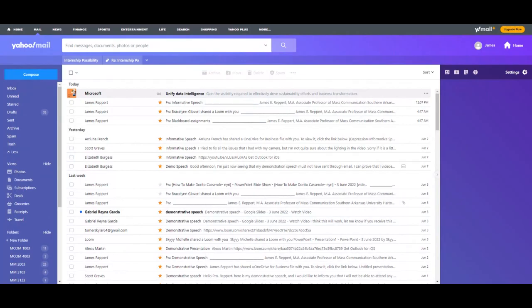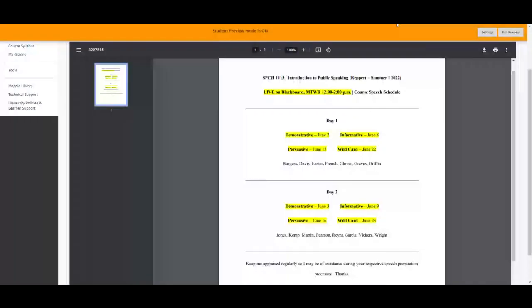Last interactivity of the day is going to return to Blackboard. The student preview mode. This is my official roster. Day 2, coming up tomorrow.